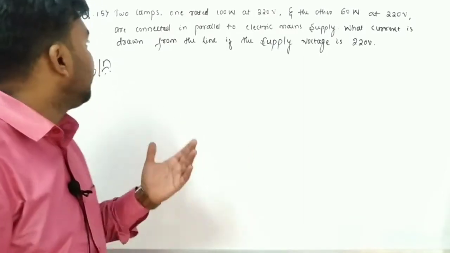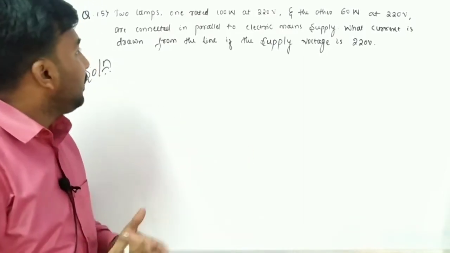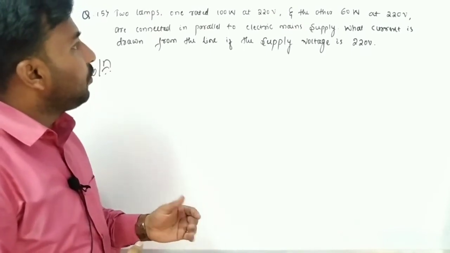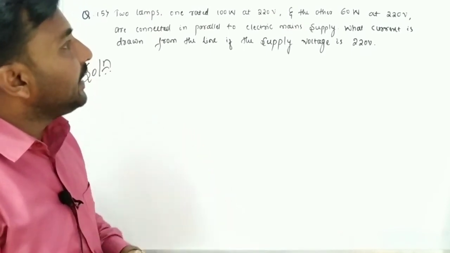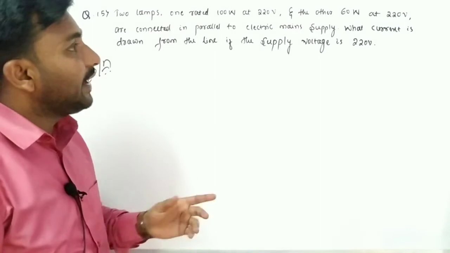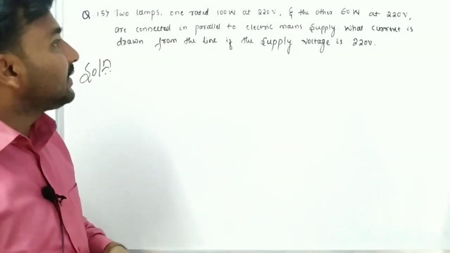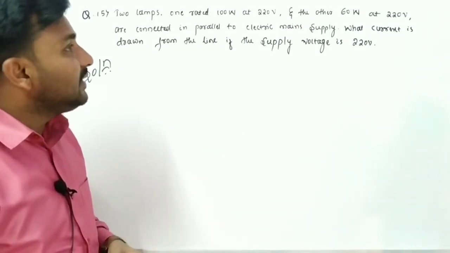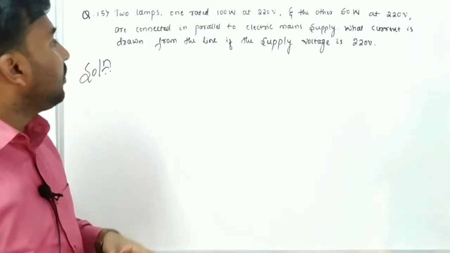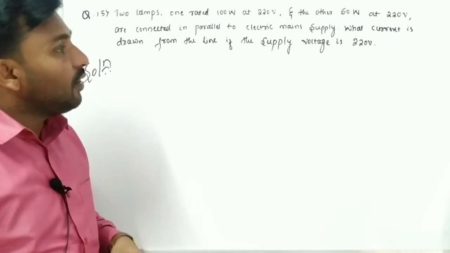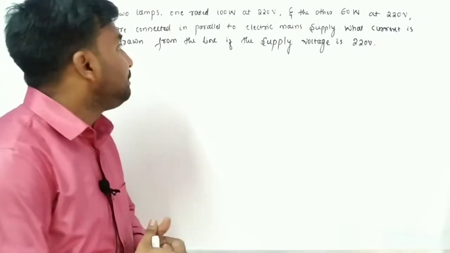The next question, question number 15. Two lamps, one rated 100 watt at 220 volt and the other 60 watt at 220 volt, are connected in parallel to the electric mains supply. What current is drawn from the line if the supply voltage is 220 volt?